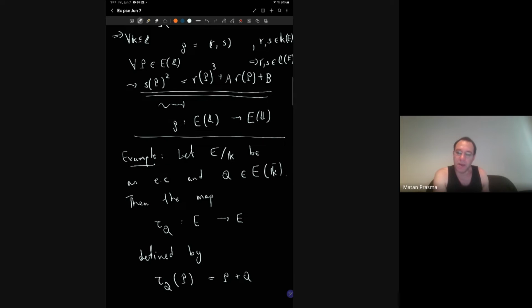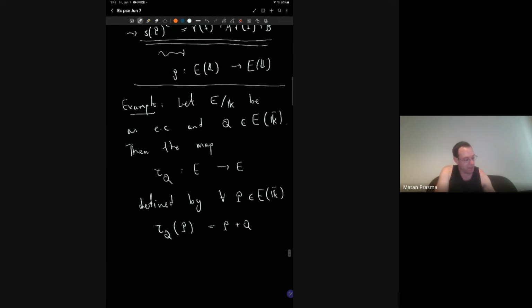It's a translation by Q. So for any P in E of K bar, in particular, P could be in E of L for L some intermediate extension of K. When I say P in E of K bar, this is the most general situation. And this is a rational map again.